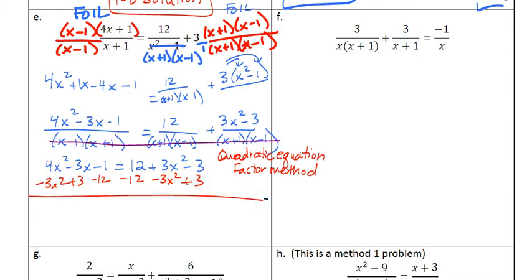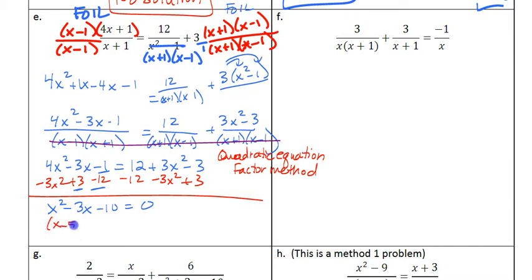So I end up with 4x squared minus 3x squared is 1x squared. Negative 3x has nobody to combine with. And then I got 3 plus negative 12 plus negative 1. So that's negative 13 plus 3, which is negative 10. Once you get everything on one side and you have it set equal to 0, that is when you factor it.